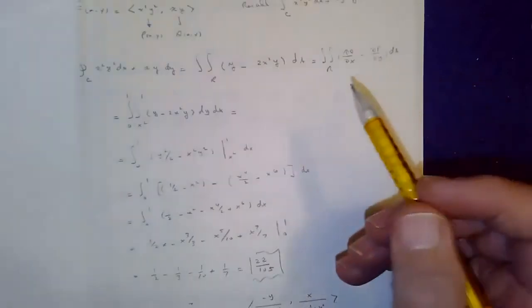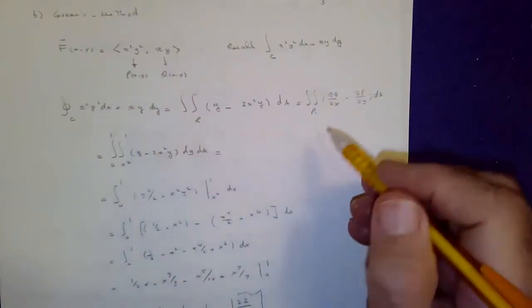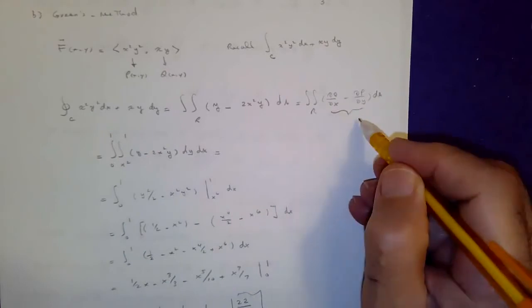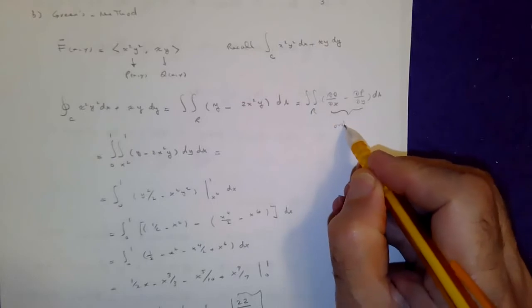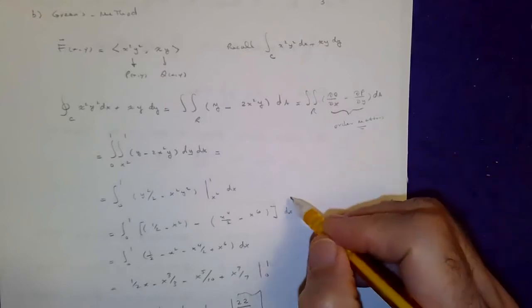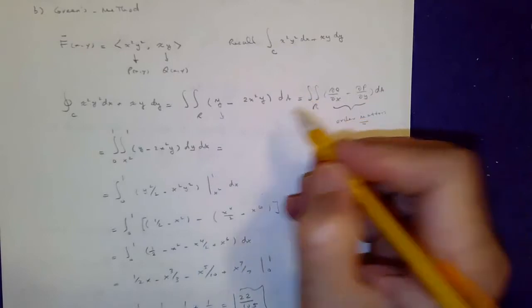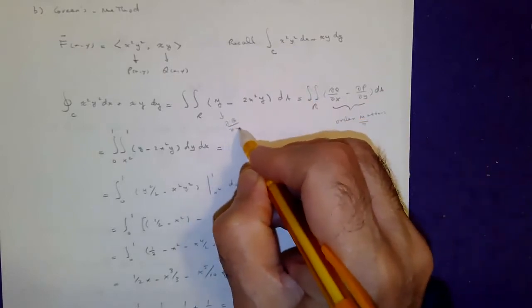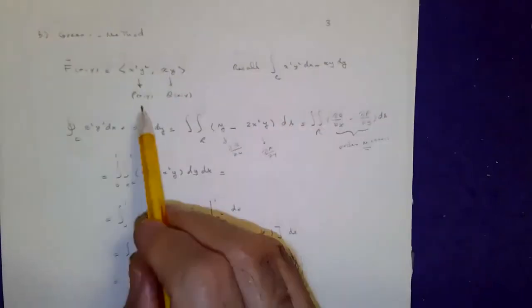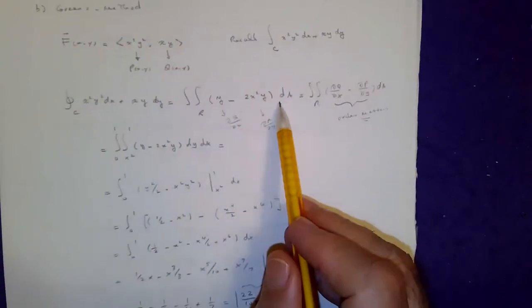We are good to go to apply Green's theorem, which says that the line integral can be converted to a double integral provided the integrand is the difference of these two partials, where the order very much matters. Very much matters. Okay, so this would be the partial of Q with respect to x, minus the partial of P with respect to y, because your P was x squared plus y squared, and your Q was xy.